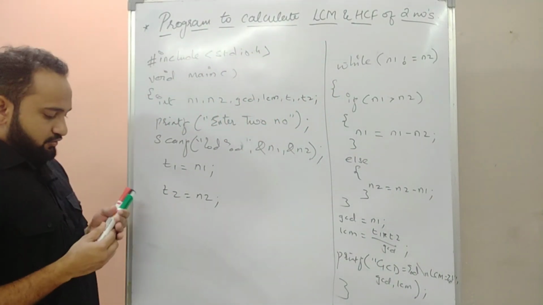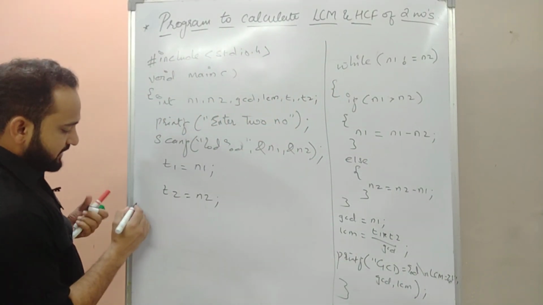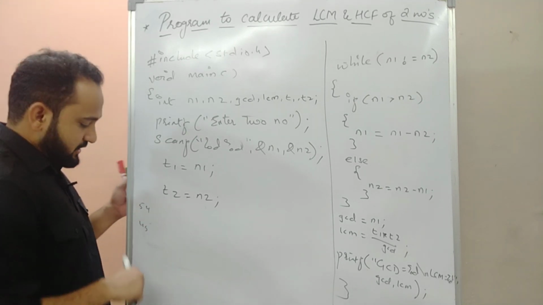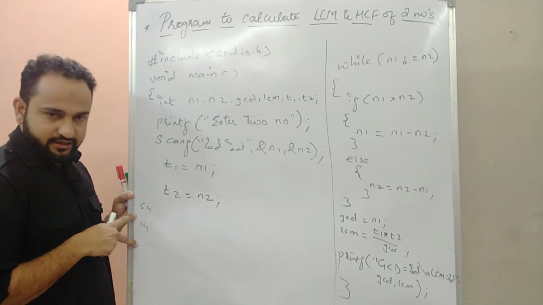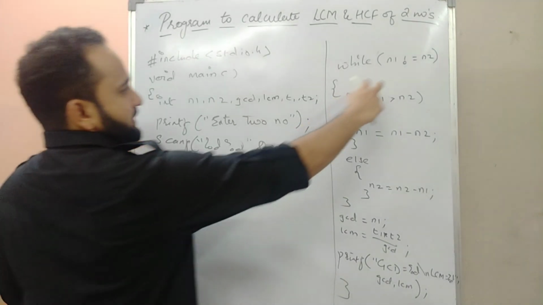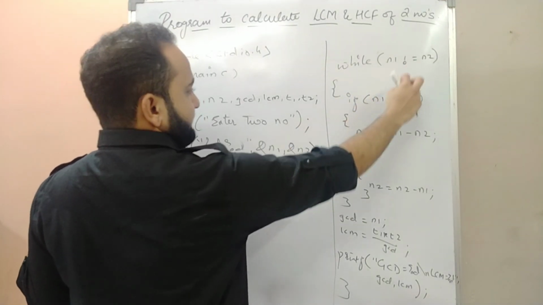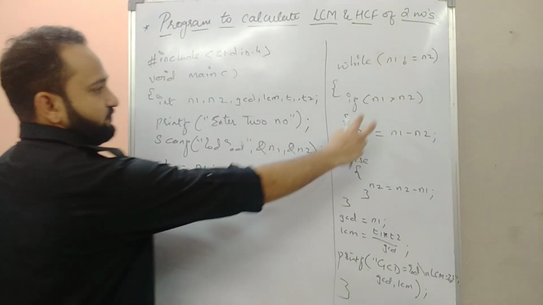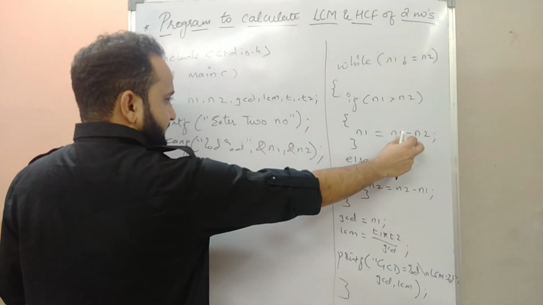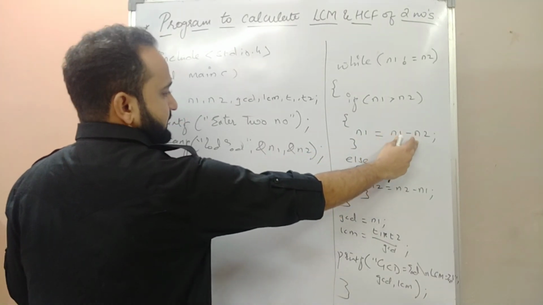Now again you go with anything. For example, if I'm going with 54 and 45, I got these two new values, n1 and n2. Okay, n1 is 54 and n2 is what? 45. So 54 is not equal to 45. Yes, the condition is satisfied. It will go inside. Is 54 greater than 45? Yes, it will go inside. It will calculate 54 minus 45, that is 9.